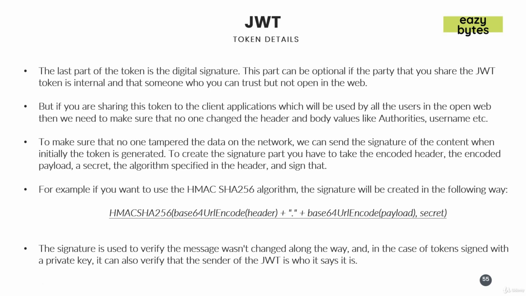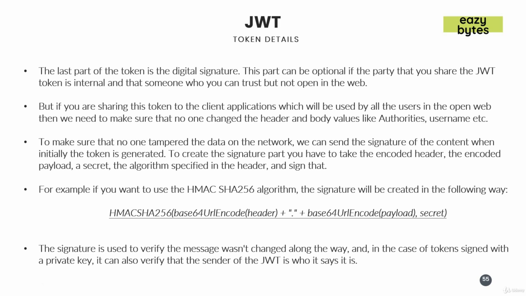What we do is we generate a hash value out of the header and body values that got generated in the token. We send that hash value inside the token also. And if someone tampers with my header and body values from the other side and sends the value again to me, my backend application will try to calculate the hash value of the header and body again and compare the value already present in the token with the newly generated hash value.